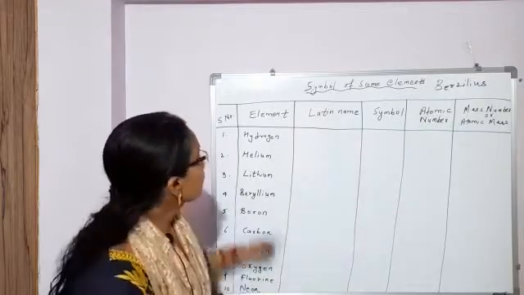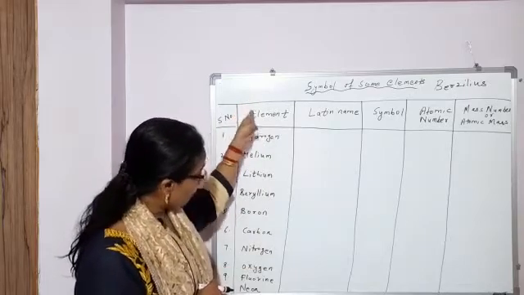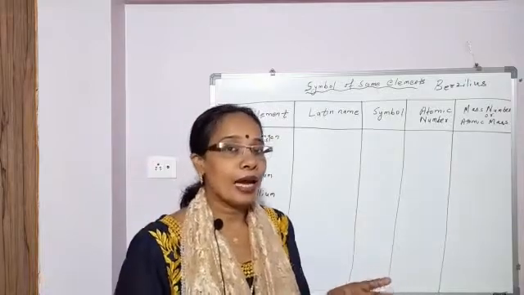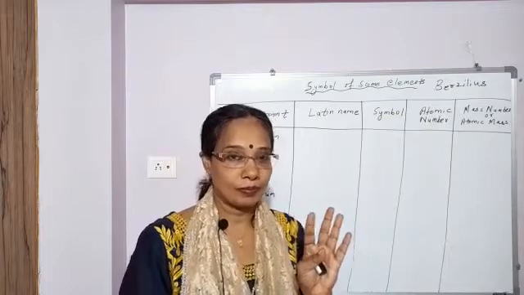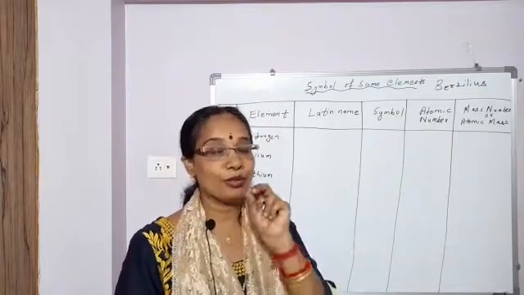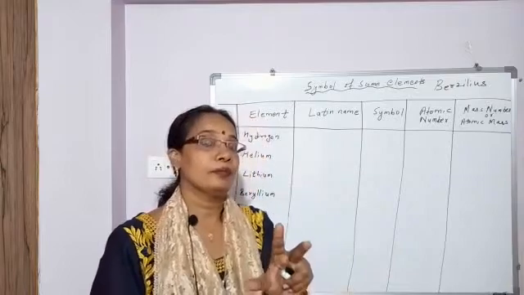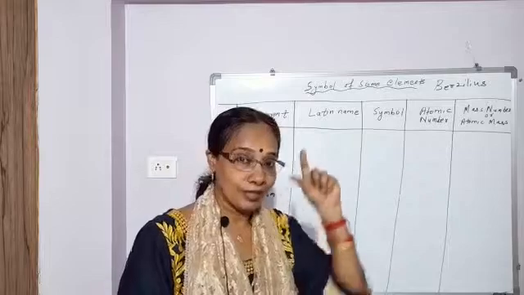Okay, so I'm going to tell you the symbols of some common elements which are used. And students, this is the base for chemistry. As in mathematics you should know the multiplication table, in the same way in chemistry, for higher classes, this is the base.